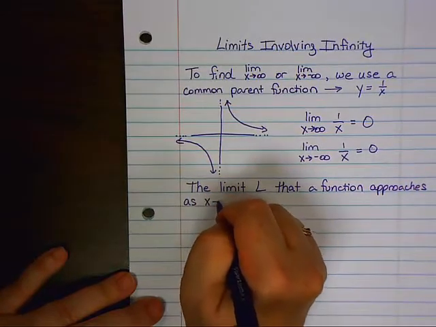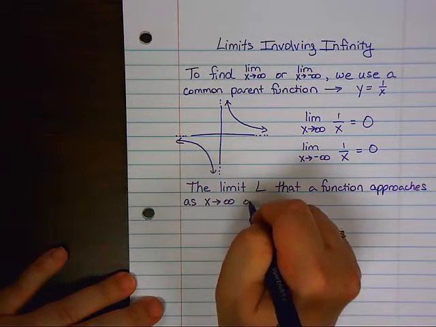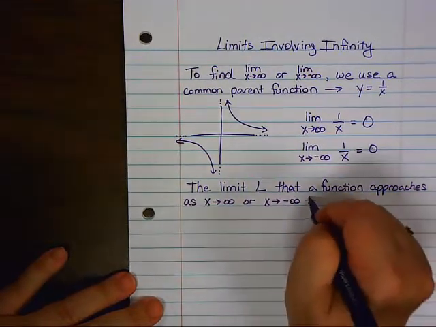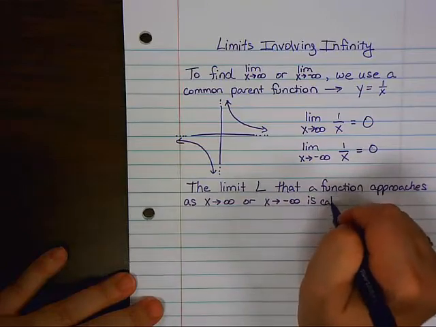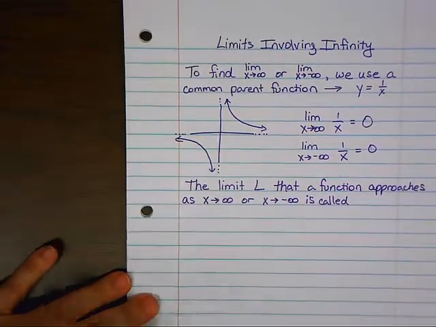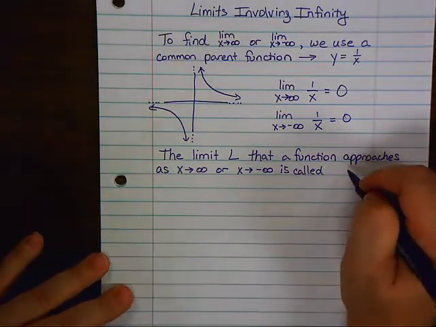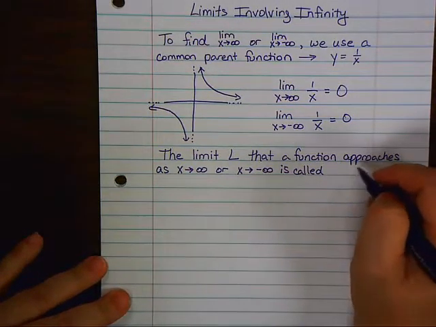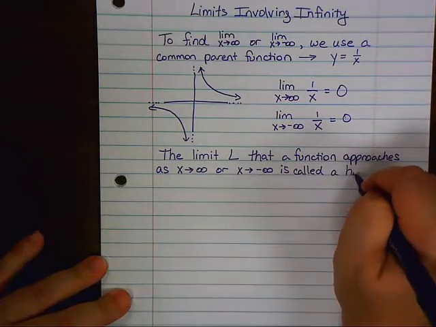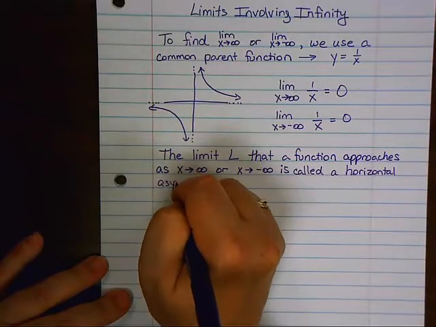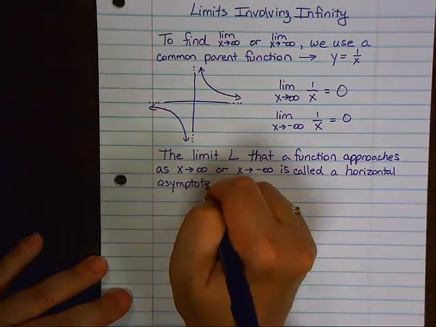The limit L that a function approaches as x approaches positive infinity or negative infinity is called, and you've heard this term before, we've just never associated it with limits before, it is called a horizontal asymptote of the graph.